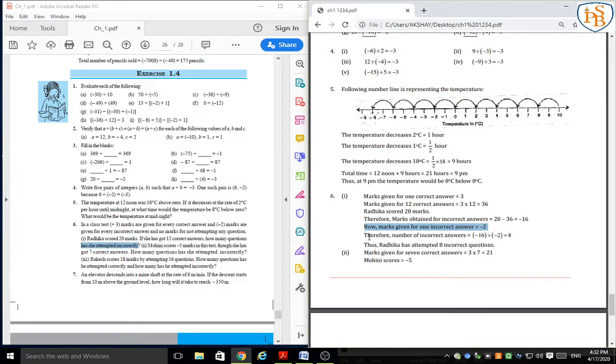So how can we find the total number of incorrect answers? Of course by the division process, because to find the answer we have to divide. So the number of incorrect answers is equal to negative 16 divided by negative 2, that is 8. Thus Radhika has attempted 8 questions incorrectly.